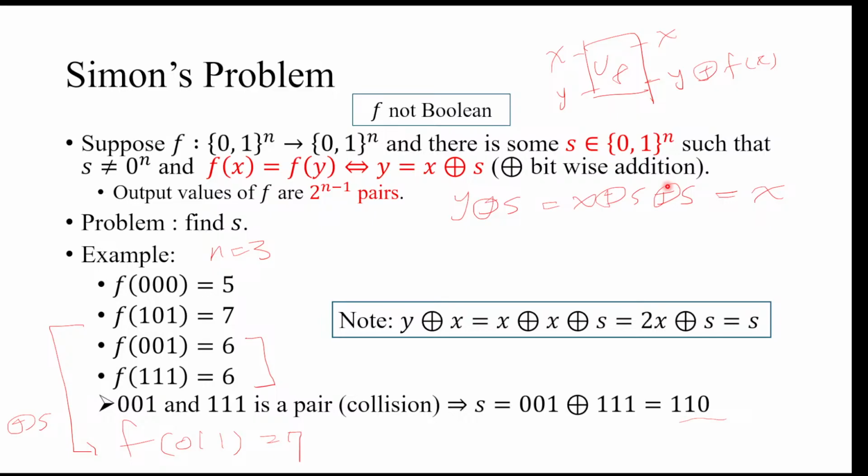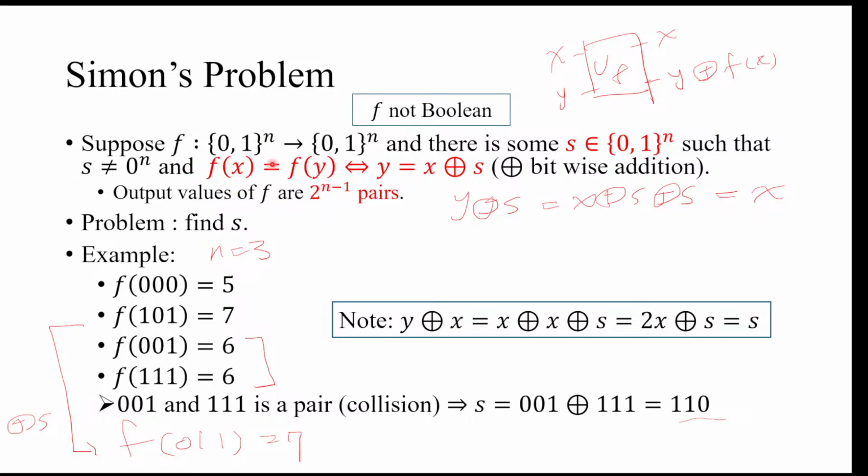Now we have a promise on our f. f is this huge function, and there is once again a secret s, but this secret s doesn't totally determine f. It just restricts f in some way. There is this hidden s that pairs up different inputs of f.